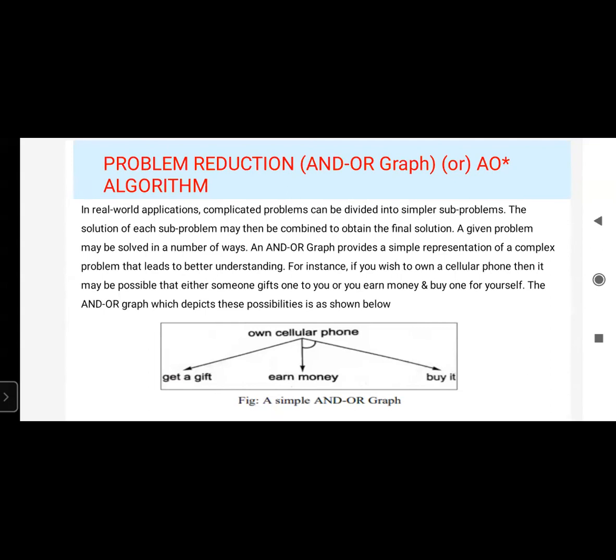Suppose I want to purchase a cell phone. Then it may be possible that either someone gives it to you, or else you can earn money and buy one for yourself. That means there are two ways to have a cell phone. One is that somebody can gift that cell phone to me, or else I can earn money and buy a cell phone for myself. These are the two ways.